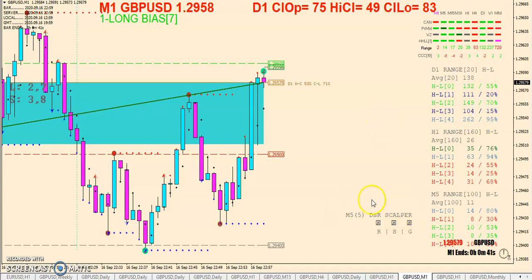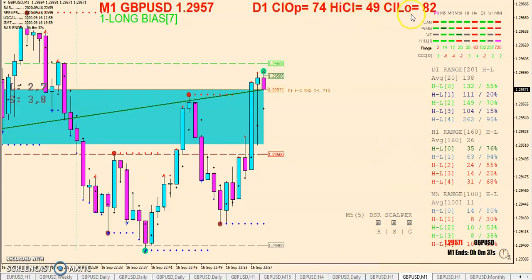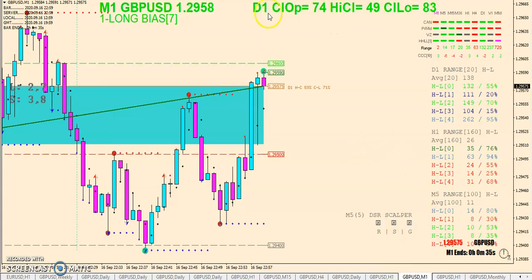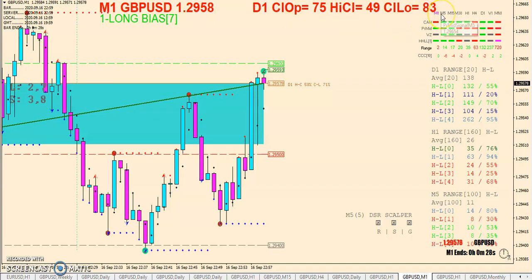Some indicators indicate when there's a trade going to happen. Some indicators just indicate where price is, relative to the open, relative to the daily high, relative to the daily low. Some indicators, like over here, the multimeters, tell you what's happening on all the time frames, so you don't have to look.